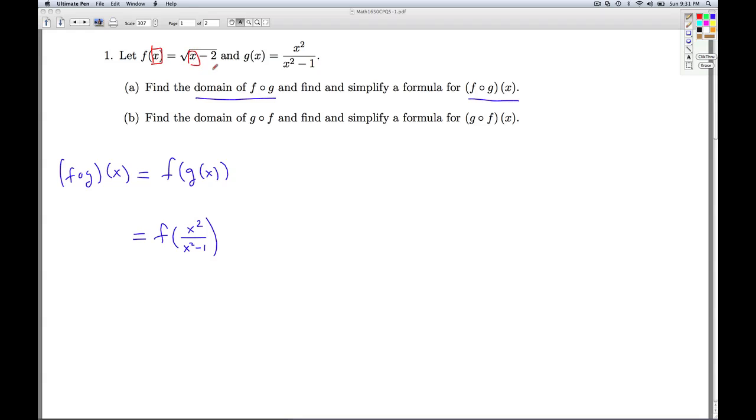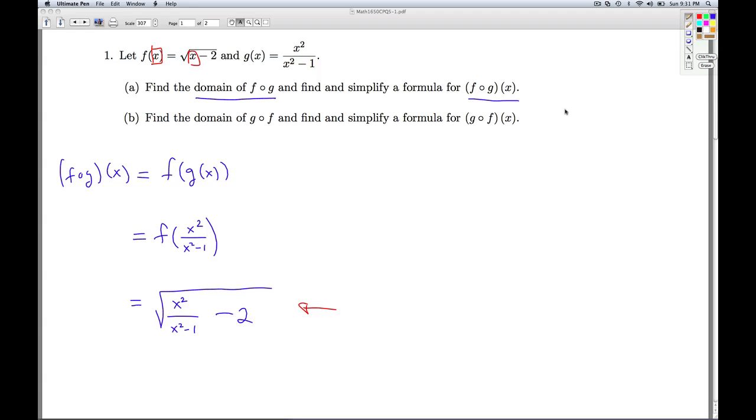F of x is the square root of x minus 2. So I'm going to substitute for x this entire expression. So I get the square root of x squared over x squared minus 1 minus 2. So this is going to be the step we'll come back to when we find the domain.